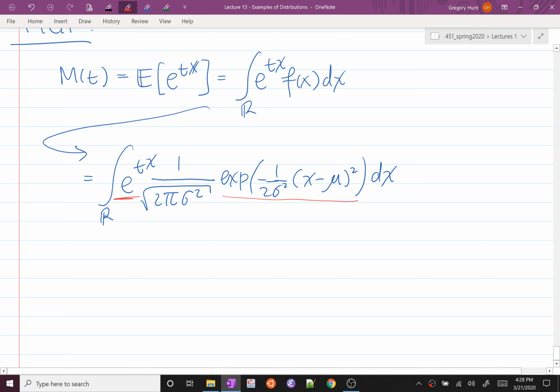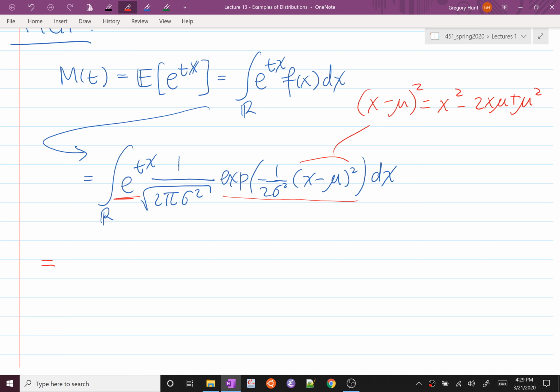We can actually combine these together. So what I'm going to do is rewrite this thing. First of all, we should note that x minus mu squared is, of course, x squared minus 2x mu plus mu squared. And so we can rewrite this integral. We still have our constant, 2 pi sigma squared, that gets toted around.